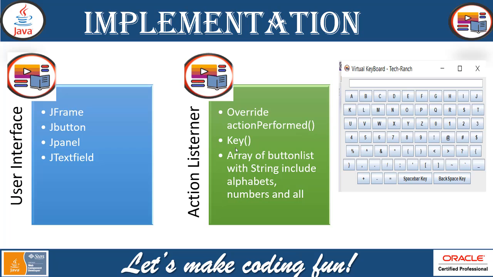In the key method, I have special function keys defined with some conditions: if the user clicks the space bar key, it provides a space, and the backspace goes back to the previous position of the string. The JTextField basically considers a big space of string. So this is a very simple implementation. We'll show you in the demonstration.